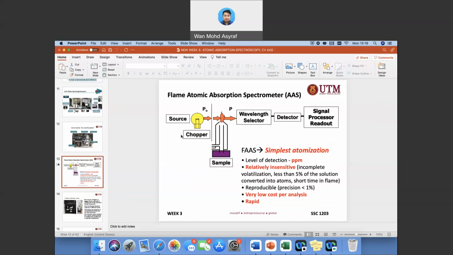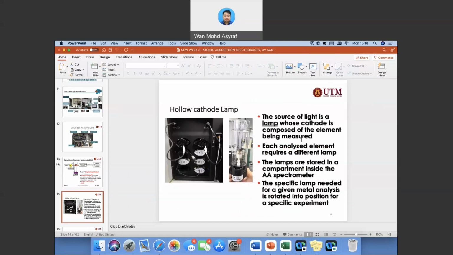If you want to detect copper, it must be a copper hollow cathode lamp, because the element that you are going to analyze is at the cathode of the lamp. So it just produces one wavelength for the excitation of your particular analyte. Do you understand?